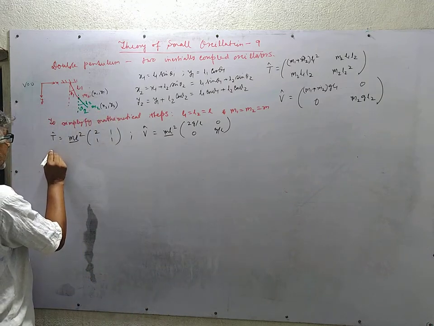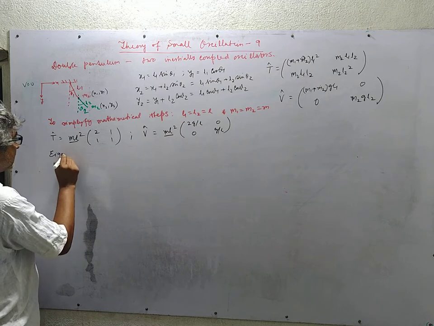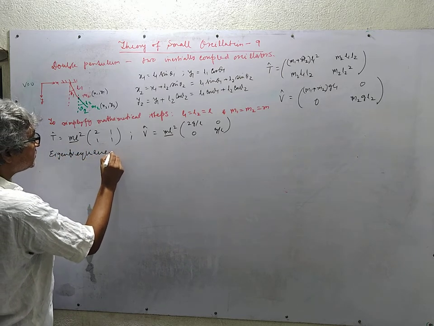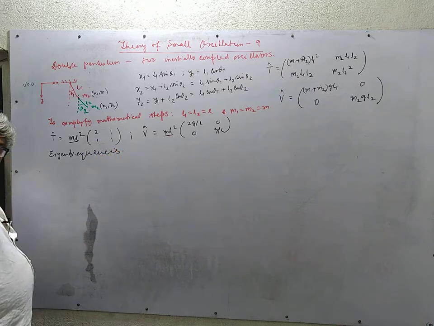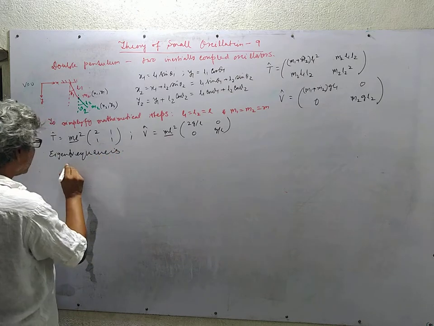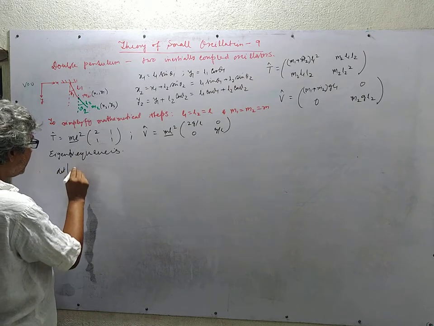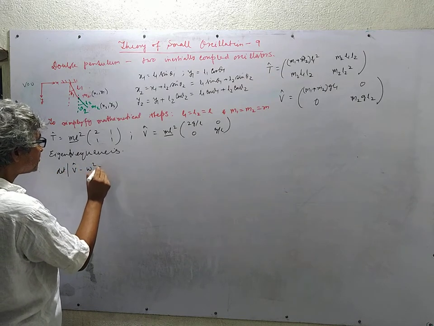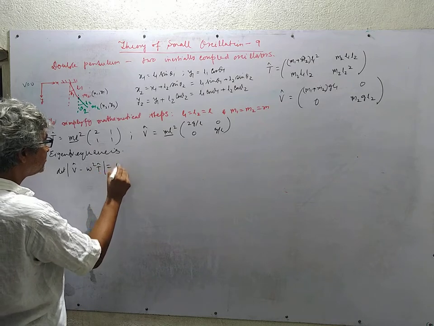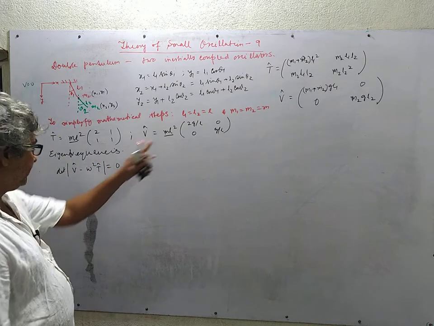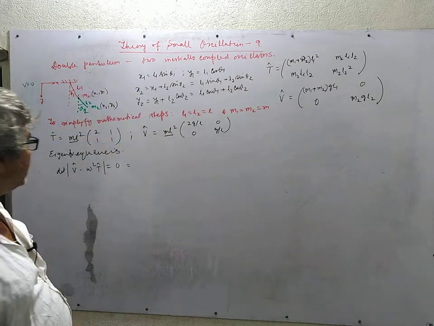Eigenvalues, eigenfrequencies. Eigenfrequencies are obtained from the secular determinant, that is determinant of V minus omega square T is equal to 0, which in this case becomes, we need not consider m l square.